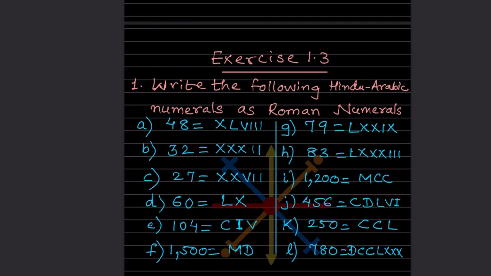Now 250, this is 200, and this is 50. Again this is 700, so this is going to be 700, and this is 80. Okay, so this was about changing to Roman numerals.